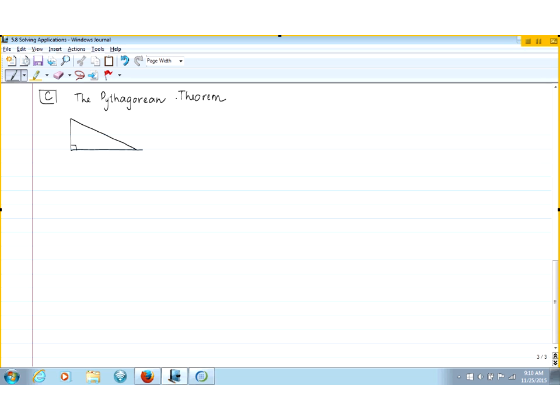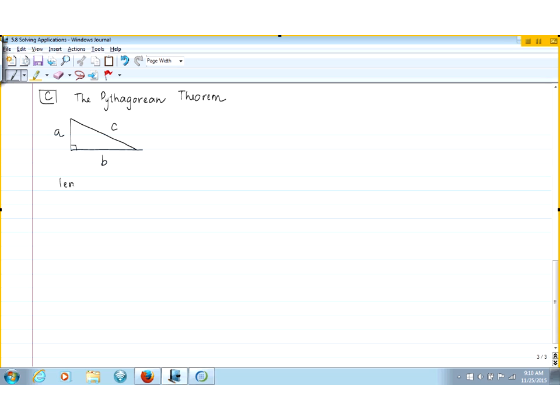Then you have to use the cosine law. When you take trigonometry later on, we can use the cosine law. But this is a right triangle, and it has two legs. The legs are called A and B, and this is called the hypotenuse. The hypotenuse is called C.